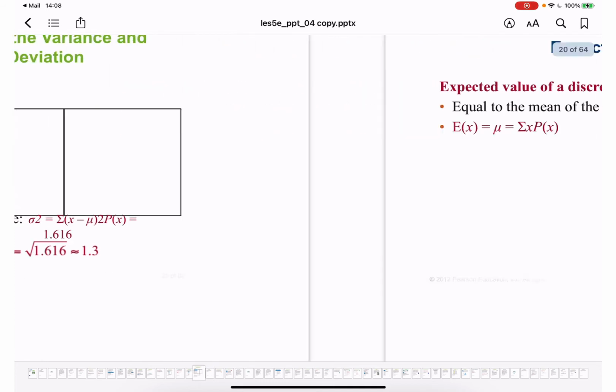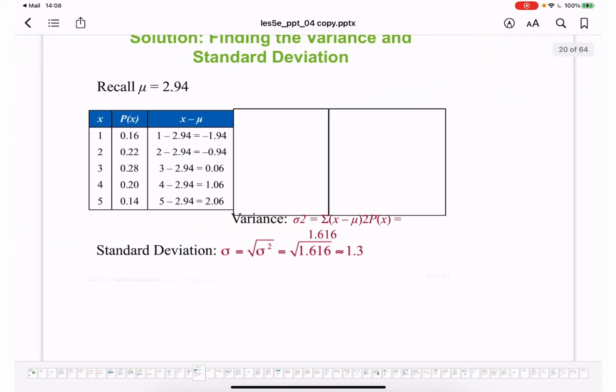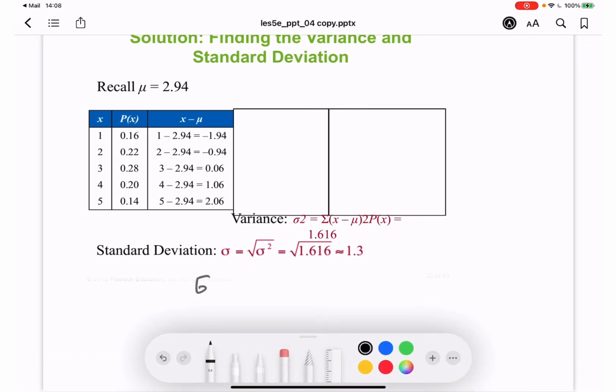So here it doesn't show, so I will do that for you. Here is our formula, sigma squared, sum of x minus mu squared times probability of x. So first we need to find x minus mu, or we have already here x minus mu.